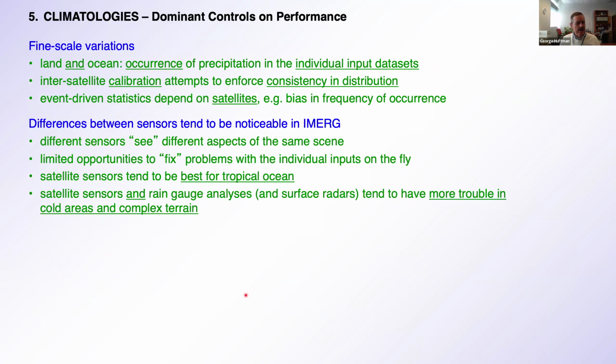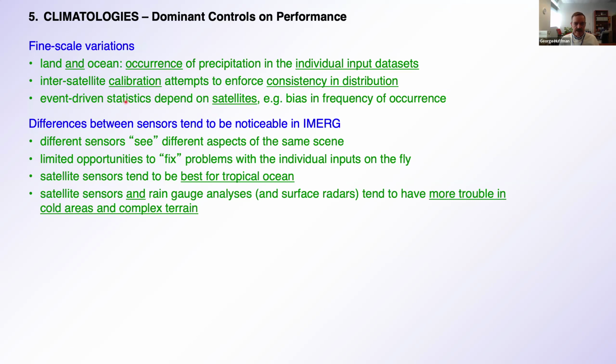Okay, rocketing right along. Fine scale variations in the climatology for both land and ocean. The occurrence of precipitation is driven by the individual input data sets, which is to say the various satellites. The calibration is intended to enforce a consistency in the distribution, but the occurrence is driven by what happens in each satellite at each time.